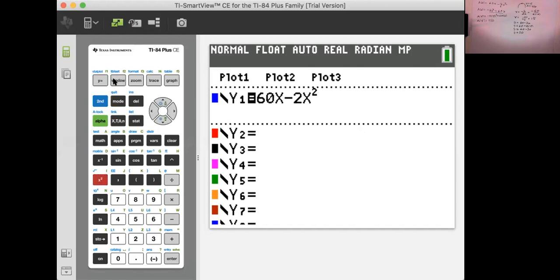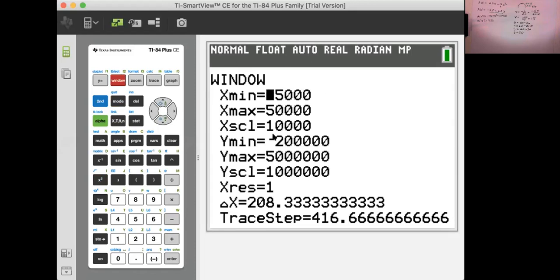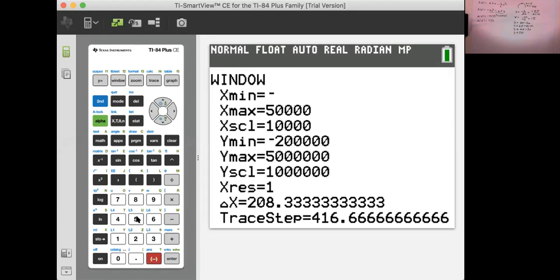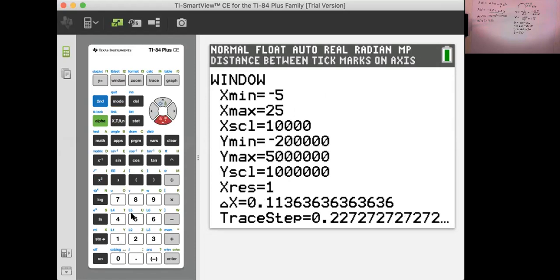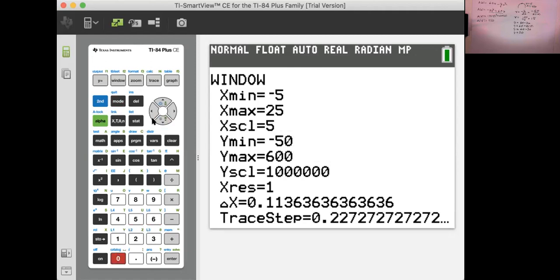We believe X has to be 15, so maybe go from negative 5 to 25. 15 will be in the middle there somewhere. Scale it by 5. Y represents area. It's got to get all the way to 450. So maybe negative 50 to 600, scaling it at 100.